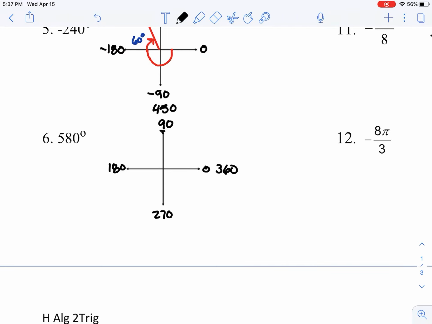So I'm like 9 times 1 is 9, 9 times 2 is 18, 9 times 3 is 27, 9 times 4 is 36, 9 times 5 is 45, 9 times 6 is 54, 9 times 7 is 63. And so I land somewhere in between these two.